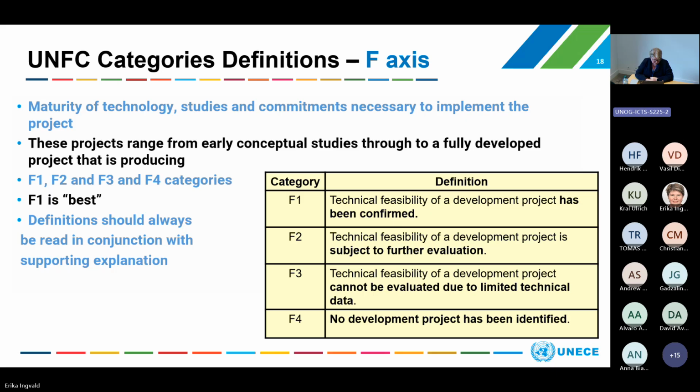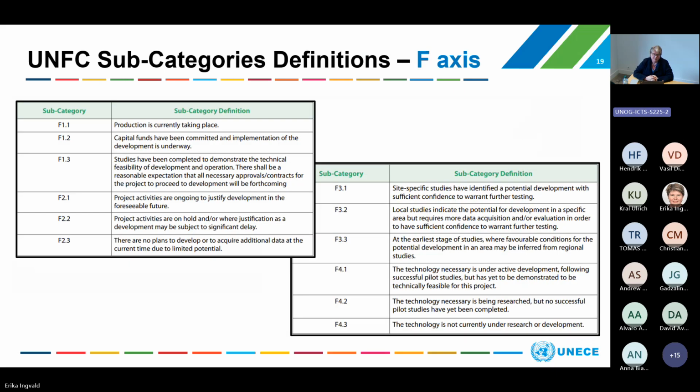Let's see here how I can move on. The F-axis also has subcategories. F1 has 1, 2, and 3. And F2 has 1, 2, and 3. F3 has 1, 2, and 3, and F4 has 1, 2, and 3. I think for your cases, you will mostly be interested in learning how to use F1 and F2 subcategories.